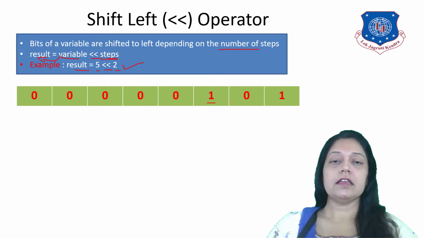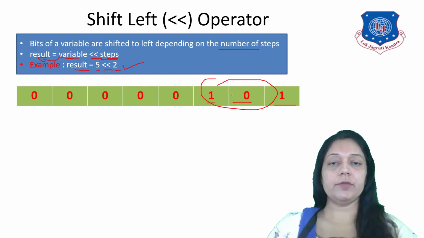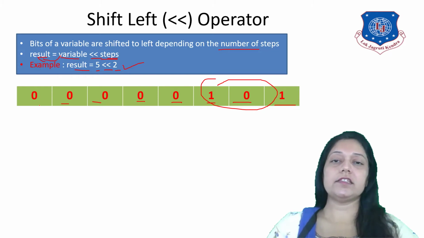I'll convert this 3 bits data into 8 bits data because computer works in bytes. Bytes means 8 bits. So in order to convert this 3 bits into a byte, I'll add extra zeros before 101.